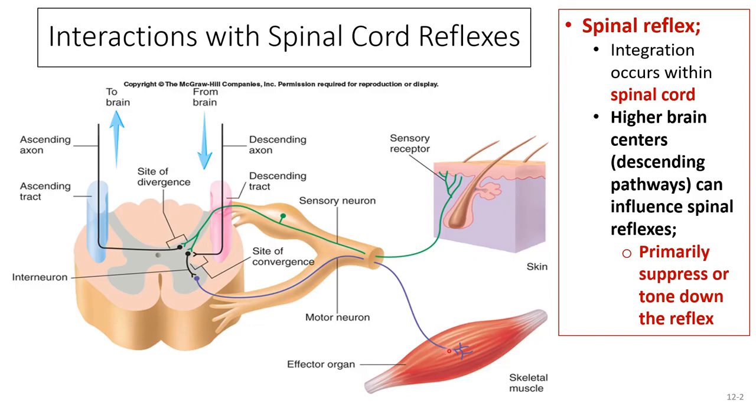As an example, if this was a deep tendon reflex that we'll look at in a little more detail shortly, the sensory receptor here would be the muscle spindle, which is the receptor for the deep tendon reflex. If you did a patellar reflex on somebody, it's the muscle spindles in the quadricep muscle that are going to fire.